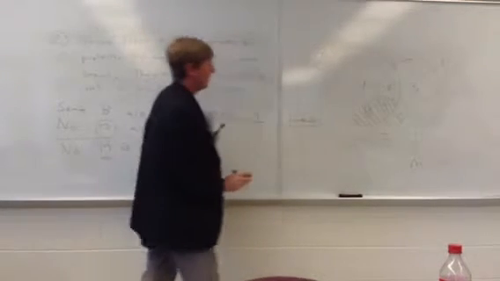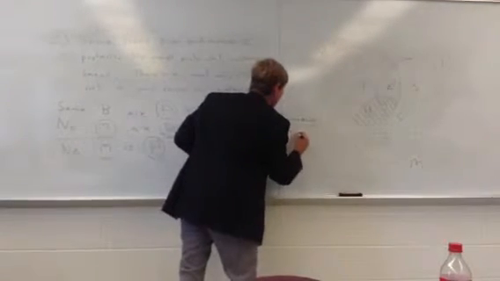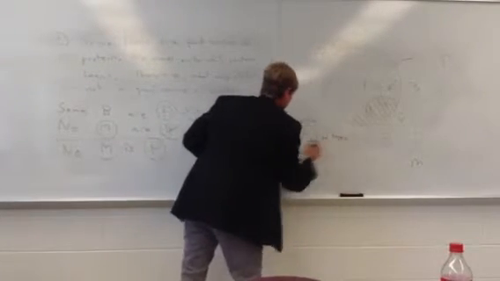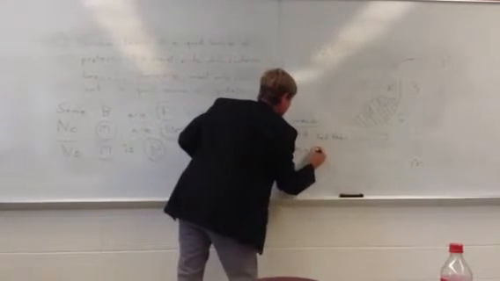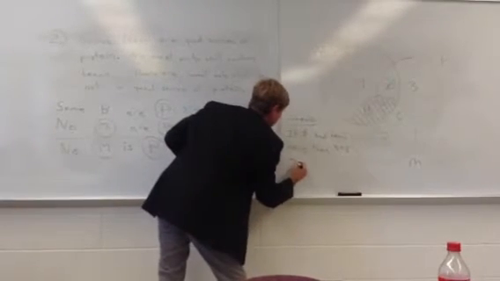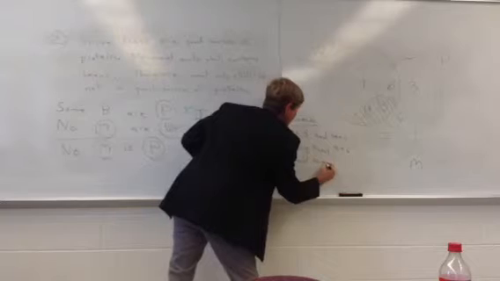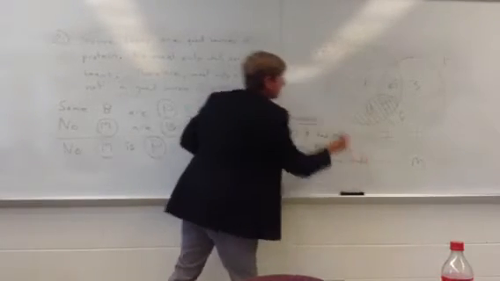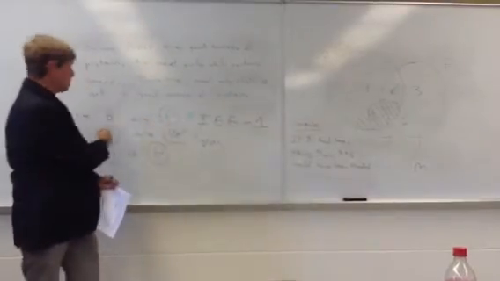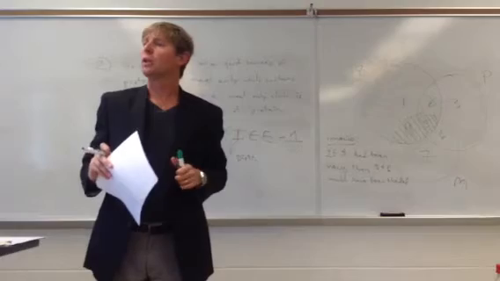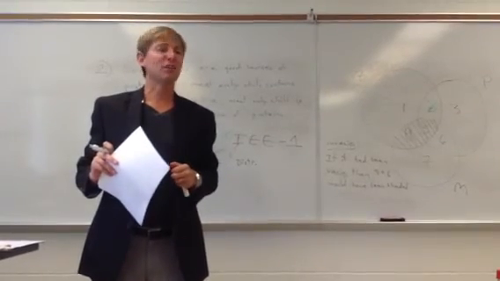This one's invalid because if it had been valid, then 5 and 6 would have been shaded, given that 5 and 6 represents no M is P. Now that one's not too difficult either once you get the hang of these things.